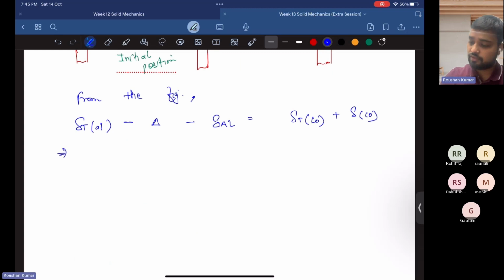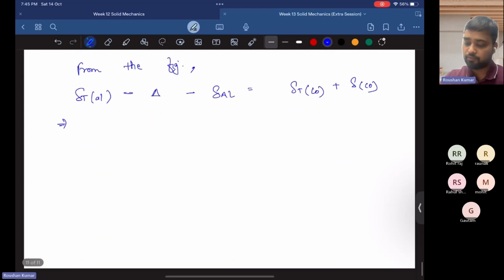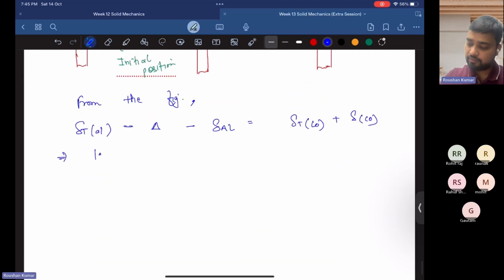Now we are using the formula for change in length in the case of thermal strain and also in the case of elastic strain. We have already found the value of delta T of the copper and delta T of the aluminum. That is, delta T of the aluminum is 1.472 mm minus delta, given as 0.18 mm.